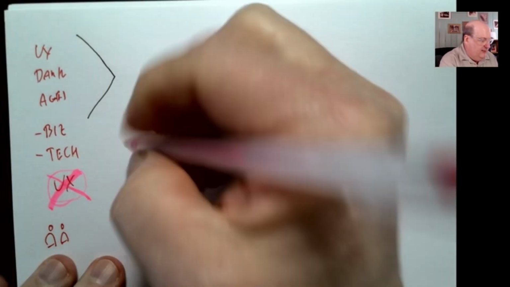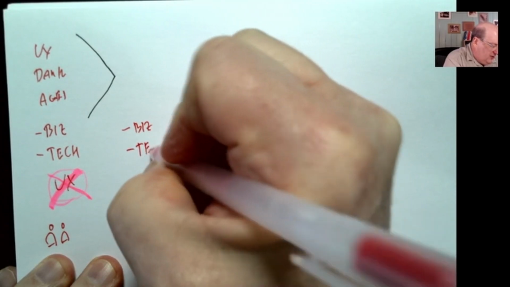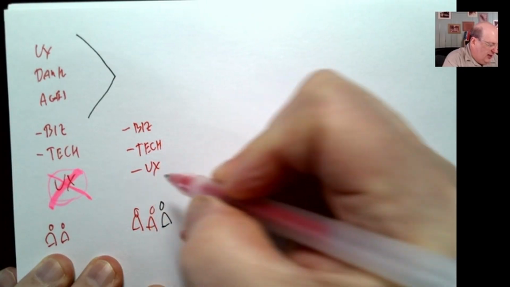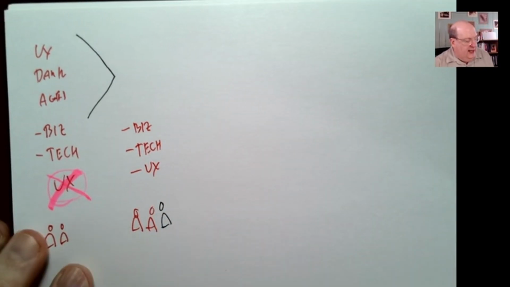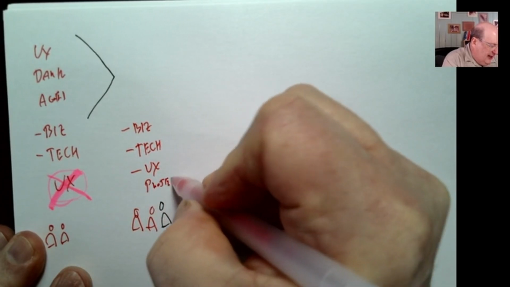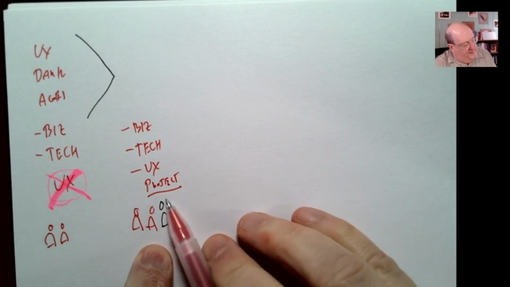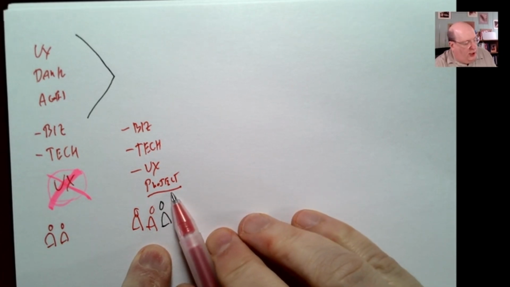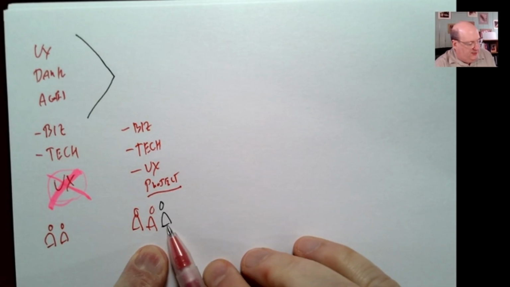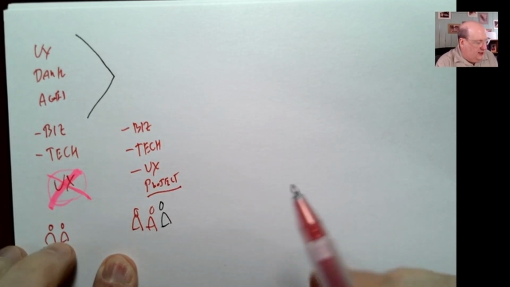So now the team cares about the business needs, they care about what the technology is doing, and they care about the UX, but only on a per project basis. And what happens with this is that there are small improvements in the user experience because this person's there. The other folks on the team still don't quite get it, but they're willing to take it.